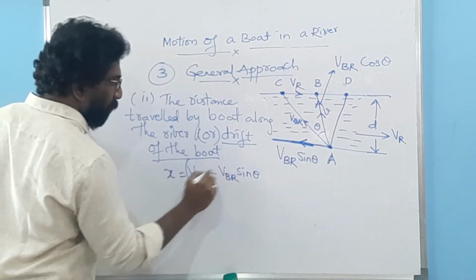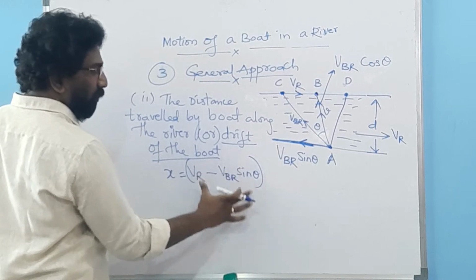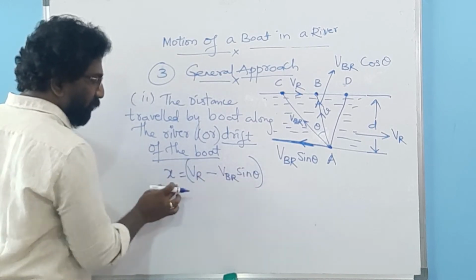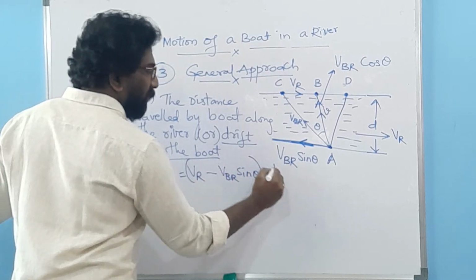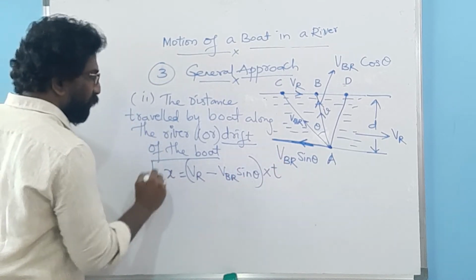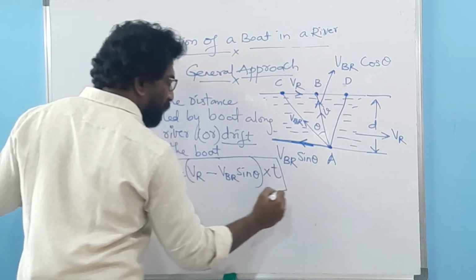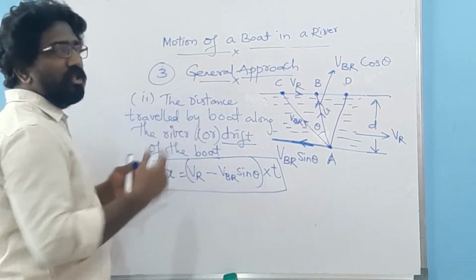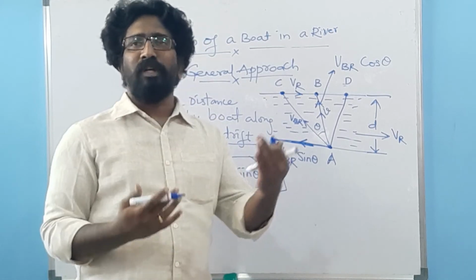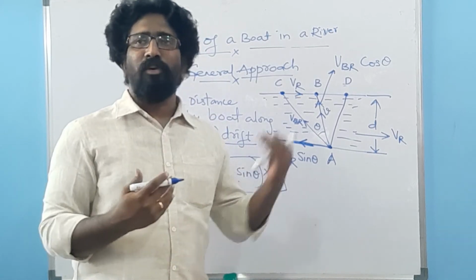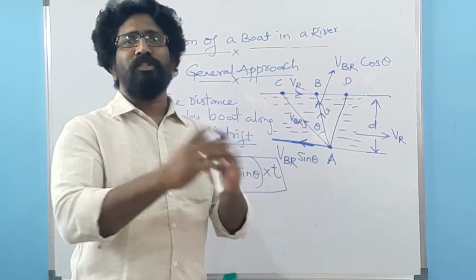So this is your formula. In order to calculate the drift, x equals VR minus VBR sin theta, into time t. Why? Because we know the formula that distance is nothing but velocity into time. Velocity is displacement over time. So let the displacement equal x here: displacement equals velocity into time.